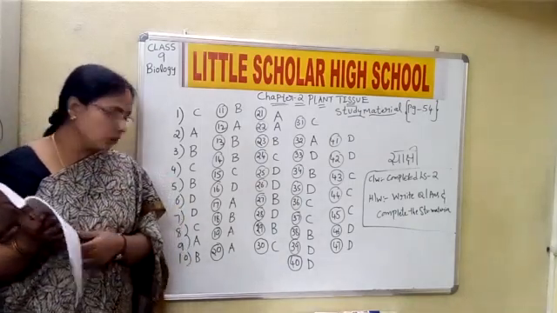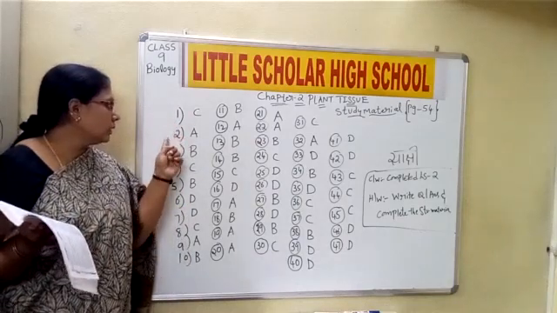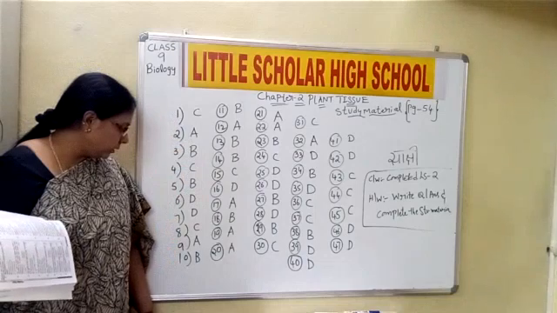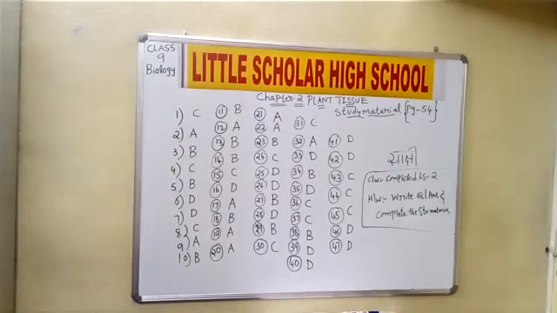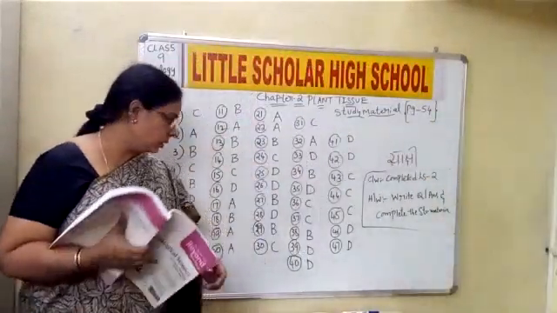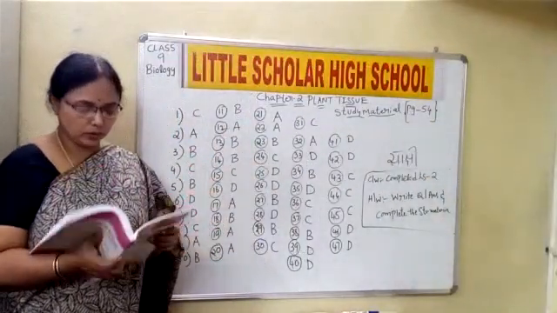Done with the first 10, all of you? First C, second A, third B, fourth C, fifth B, sixth D, seventh D, eighth C, ninth A, tenth B, children. Now I am reading the eleventh one.